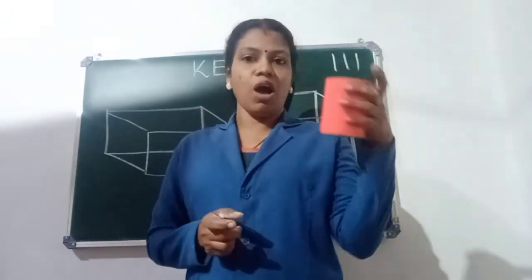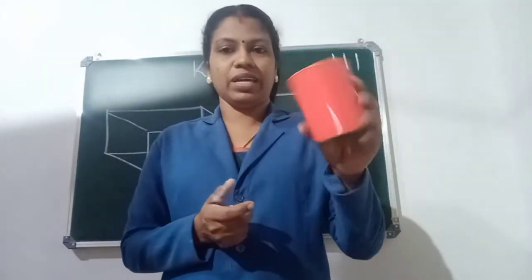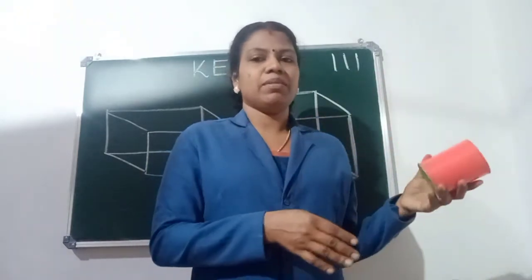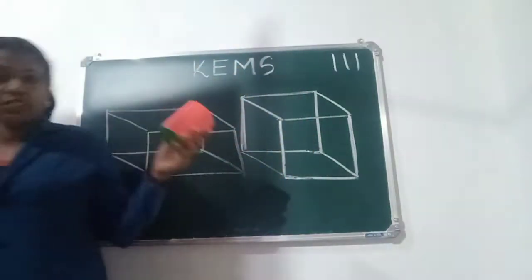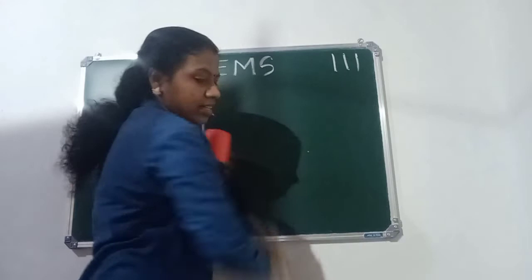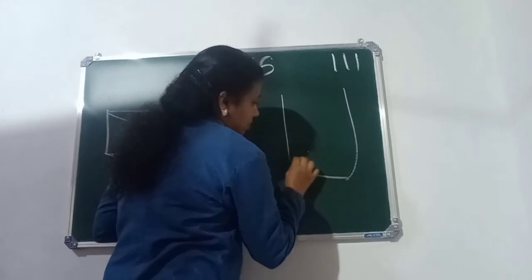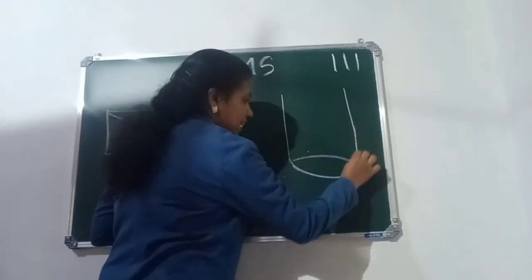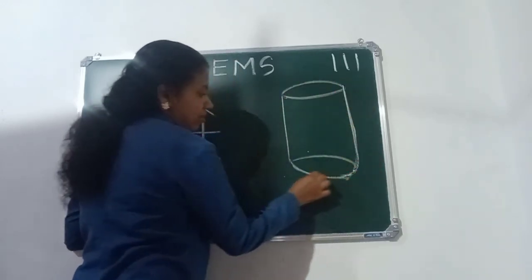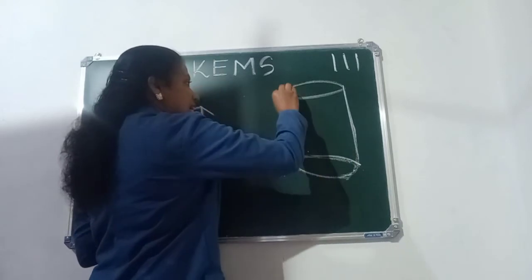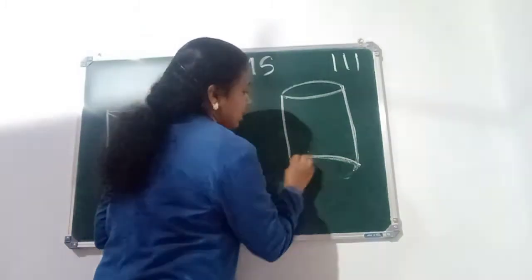Do you know how to draw a cylinder? This is a 3-dimensional figure. We can draw a cylinder. Here a round shape. This is not a line. A cylinder has no sides, and no edges. This is not an edge, just a curve.